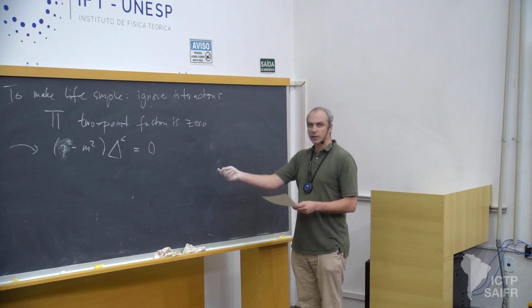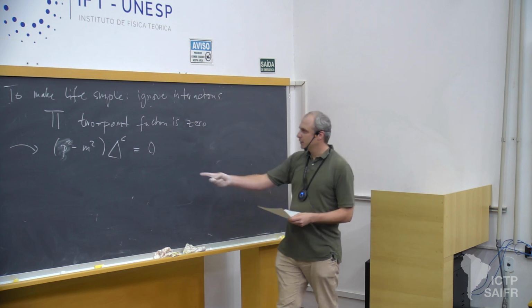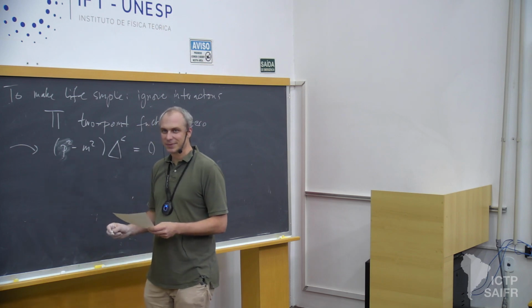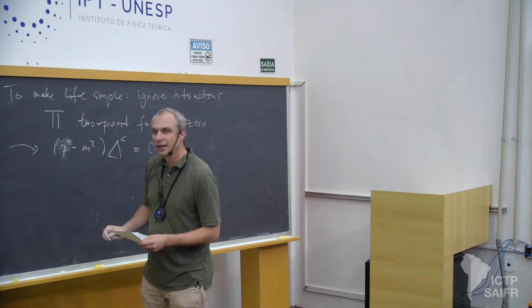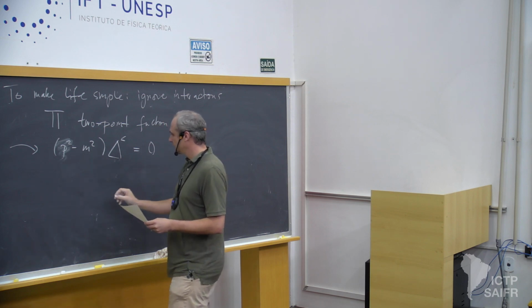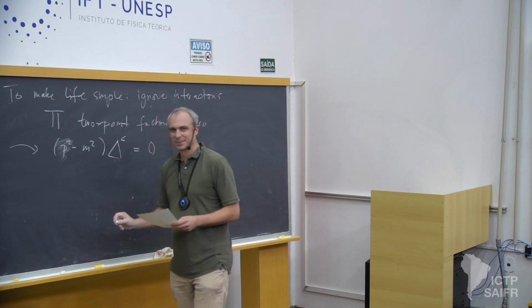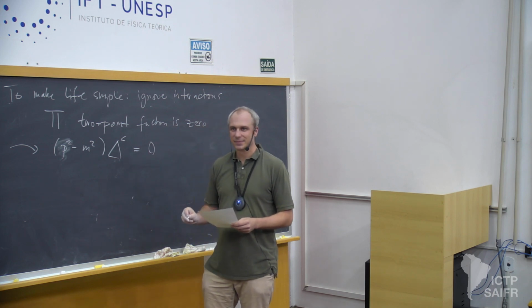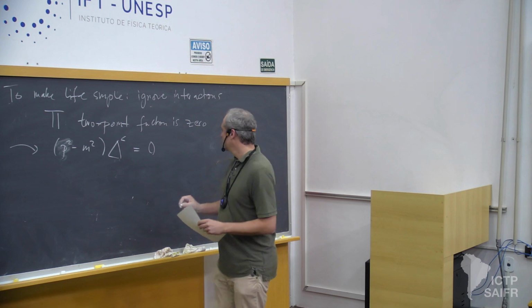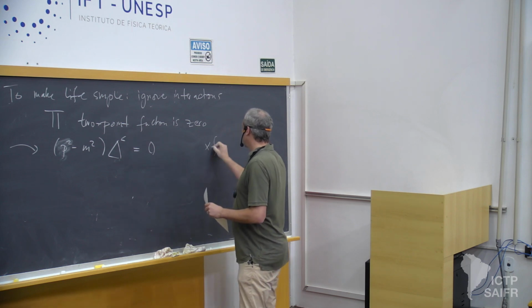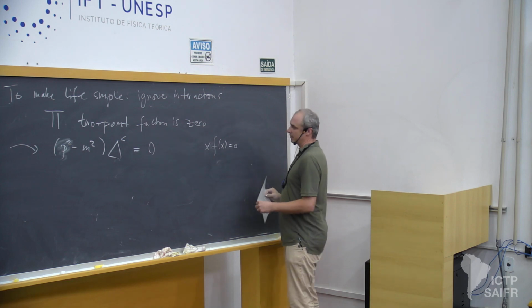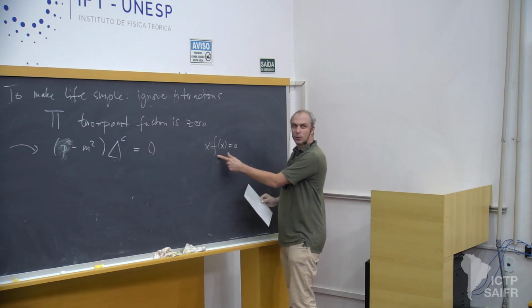Okay, so what does it mean for delta less if this equation is fulfilled? Yeah, it's a scalar field. But what does this equation imply for delta less? So if you have x times f of x is equal to 0, if this is 0, then either x is 0 or f is 0, right?